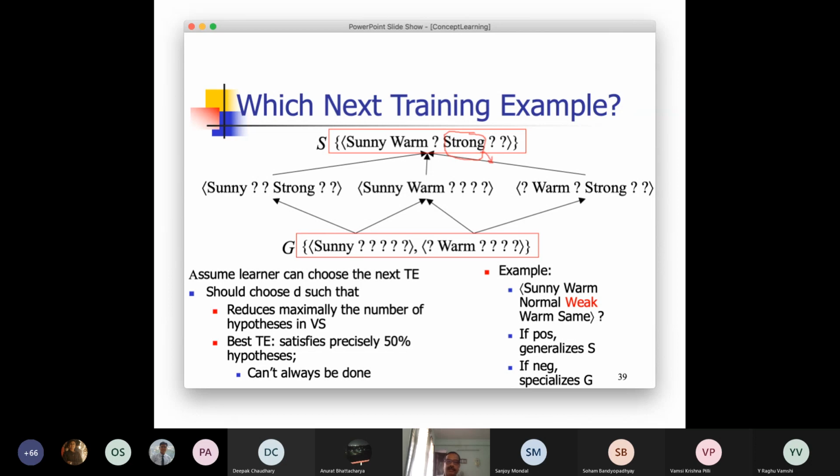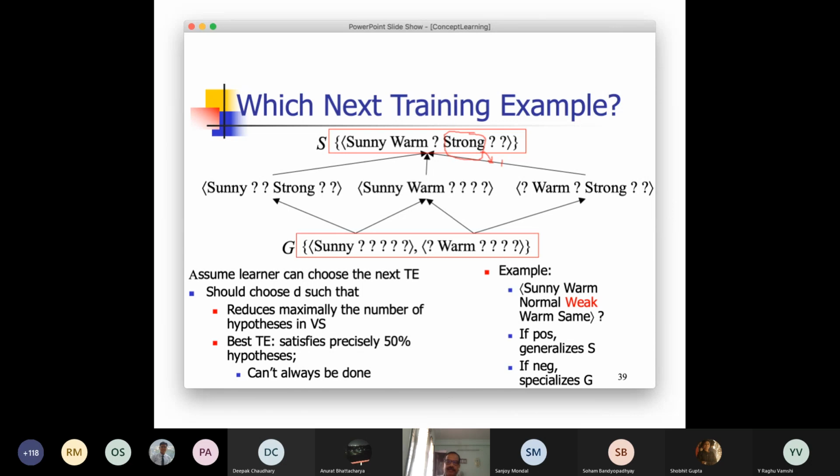This should be a question mark. Then you have to see whether all the samples are also accepting this. Once it is accepted here, accordingly you have to find out whether this is also accepted. I think this is fine. This should be the case.